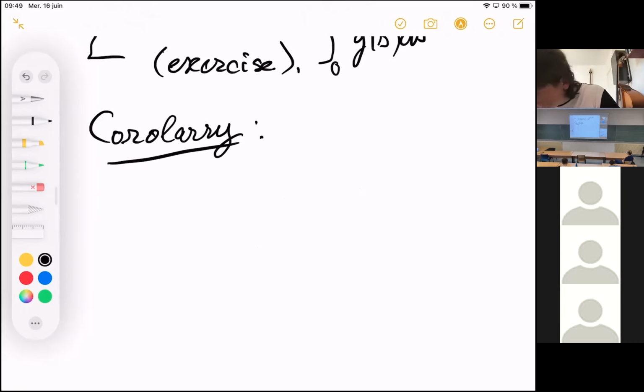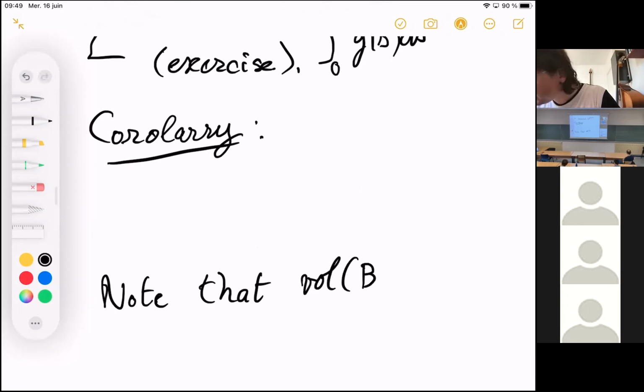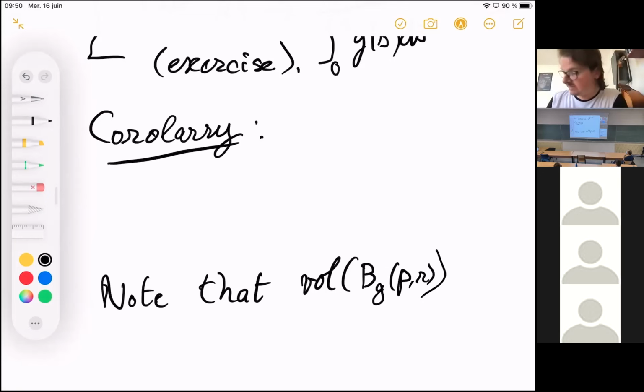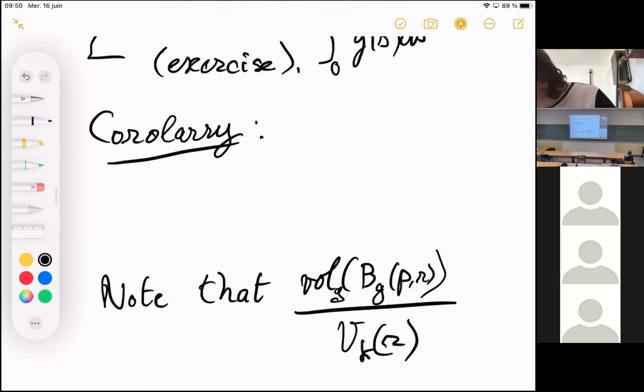So that was what I was telling you: how to get from the Bishop-Gromov inequality a lower bound on the volume of balls. This is what's called a non-collapsing condition, which is very useful.